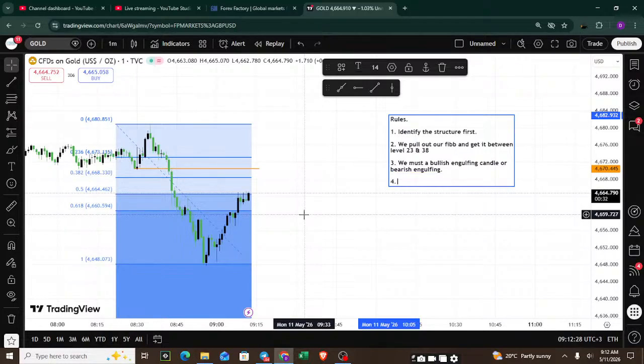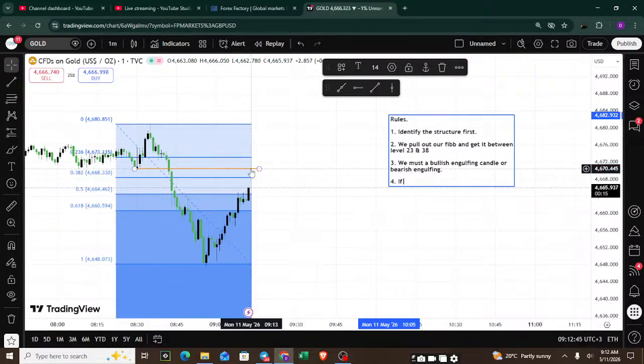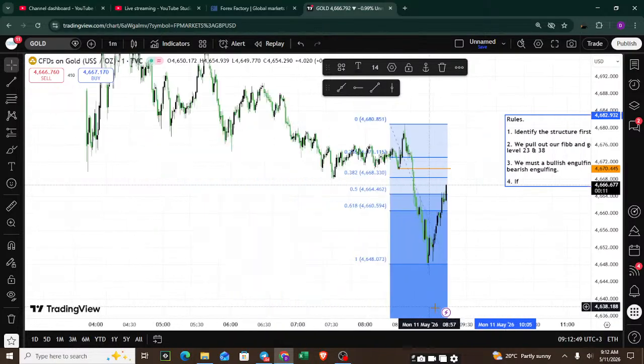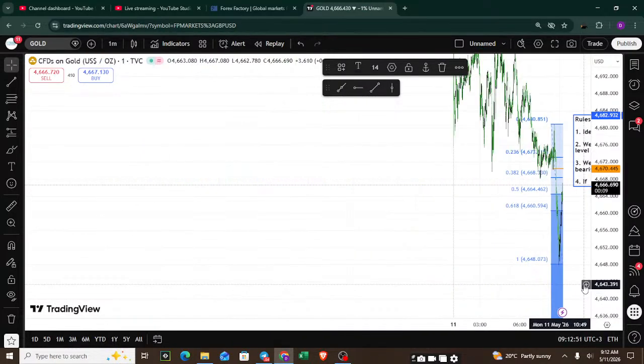Now, when we get in, there are several other rules to follow. If momentum delays for at least 10 minutes, so price is approaching our level 46.70, let us see how it's going to behave.